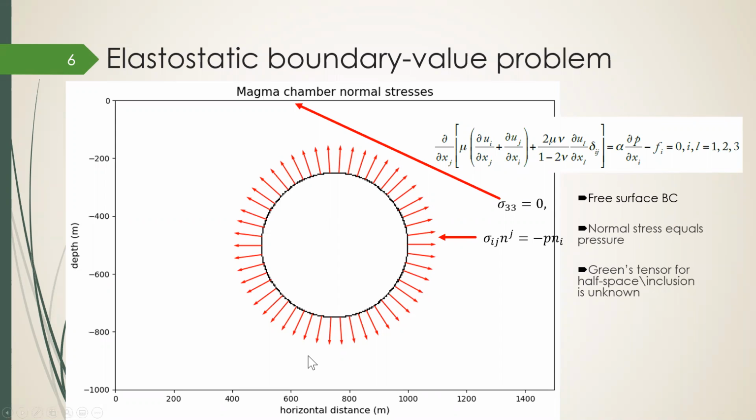And the closest that people got to finding Green's function for this particular problem, that is a half space with a spherical inclusion, was an asymptotic solution by McTigue.